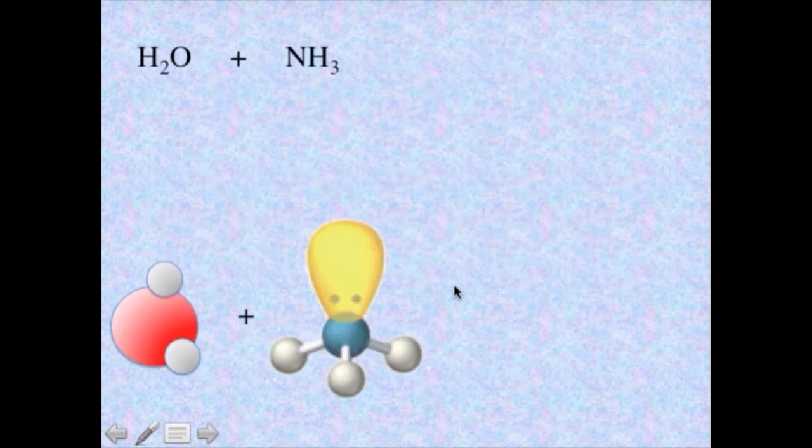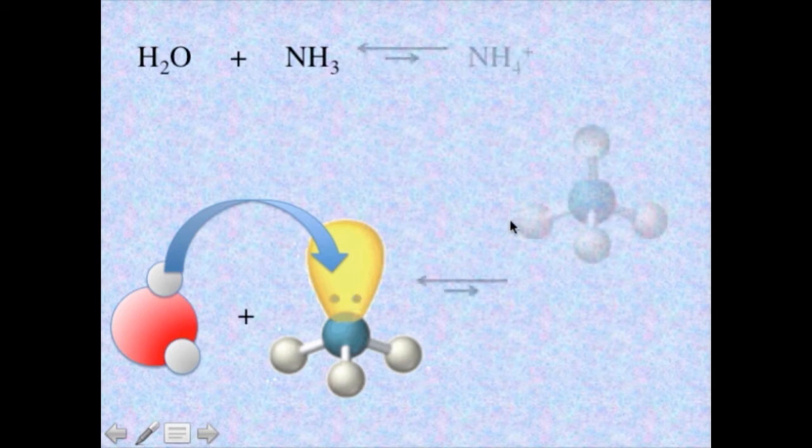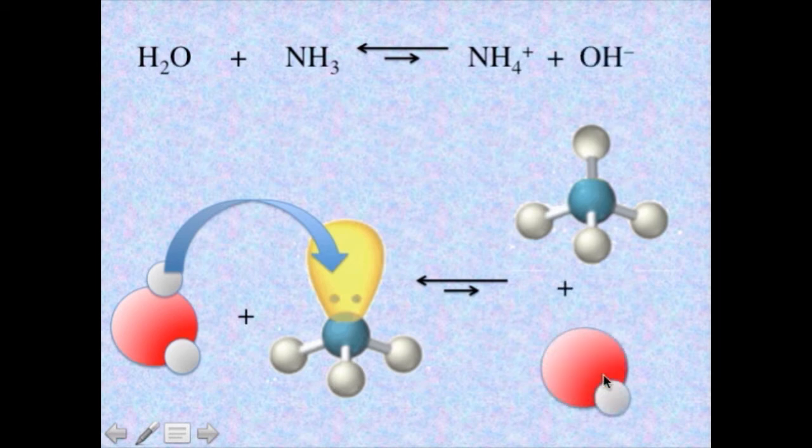So for ammonia, here's our water molecule, here's ammonia, it's got that lone pair of electrons on the nitrogen, and what happens is the proton is captured by the lone pair of electrons on the ammonia to form the ammonium ion, NH4+, and the hydroxide ion, OH-.